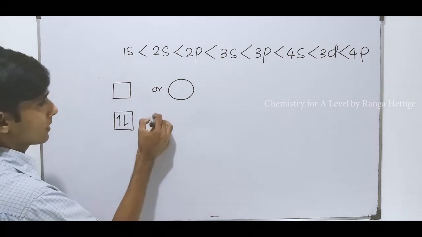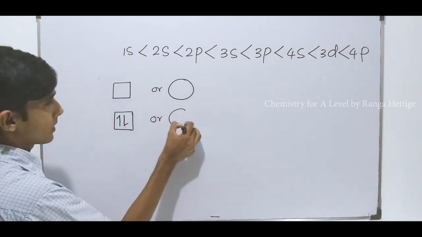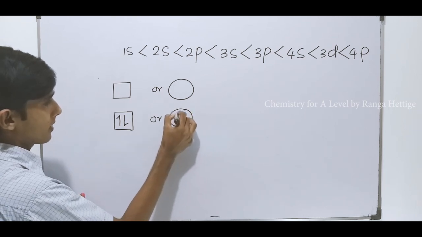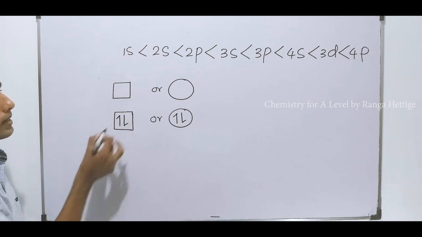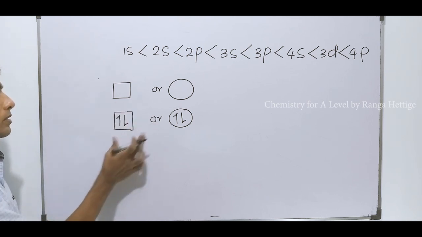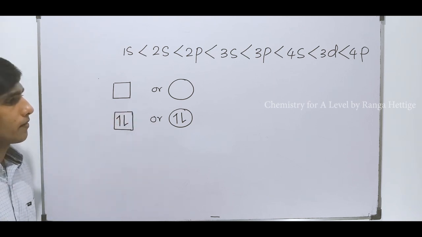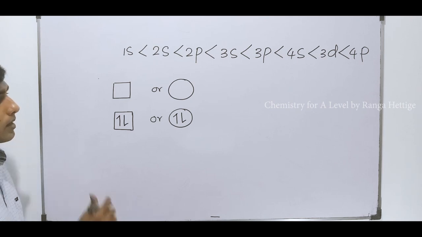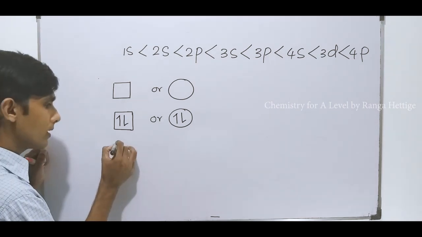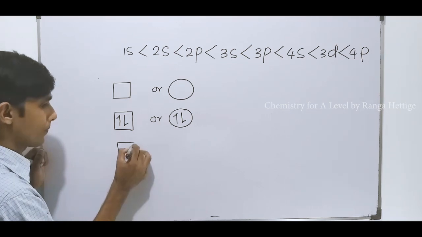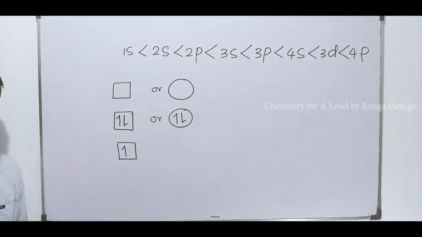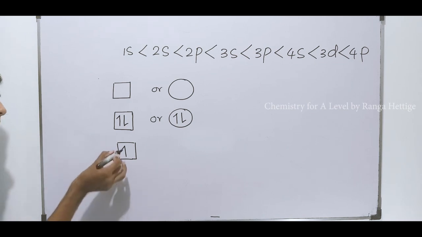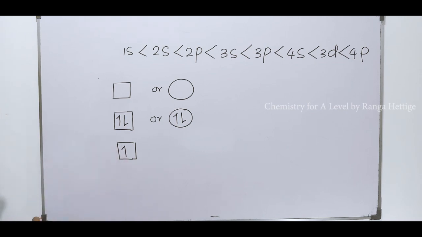If you represent the atomic orbital using a circle, you can write it like this, no problem. Sometimes full-headed arrows are also used, but it's better to use half-headed arrows. When there is 1 electron in an orbital, one half-headed arrow is drawn upwards.